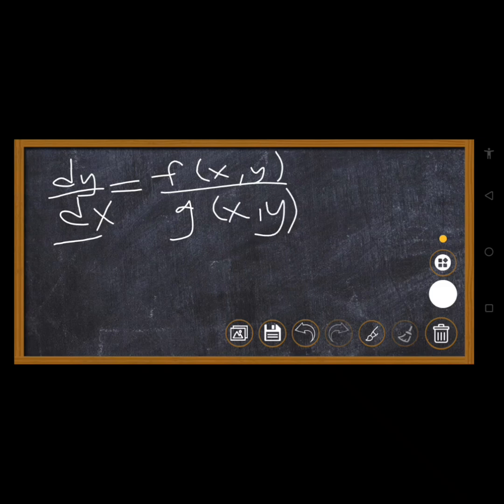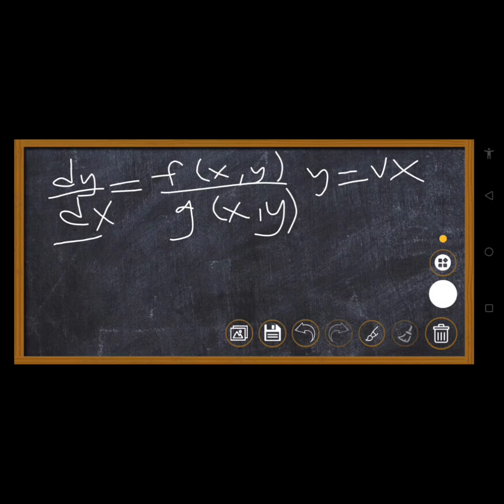Make sure that they are of the same degree. In the next video, we will do the non-homogeneous differential equations so that we see how that is done whenever you have different degrees. After you do that, you always let y equals to vx. Then you replace into the given expression.